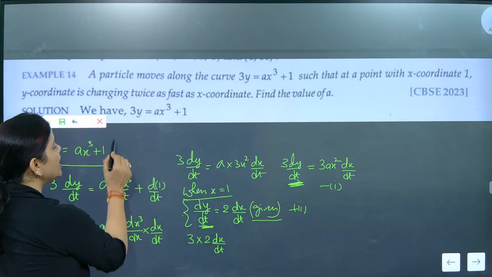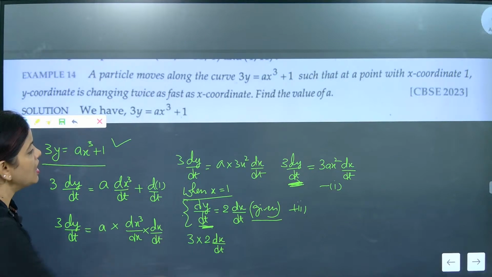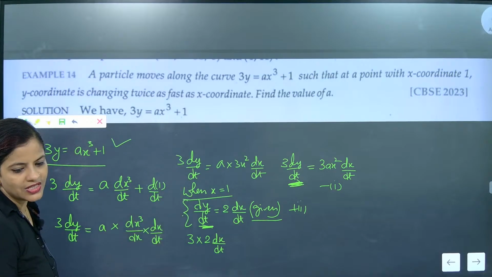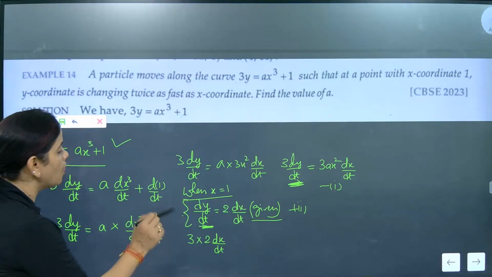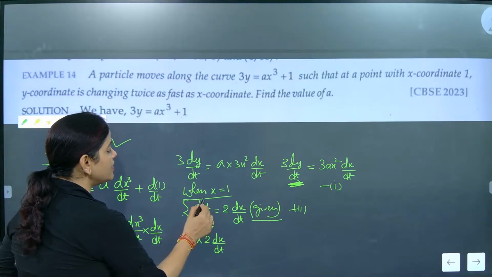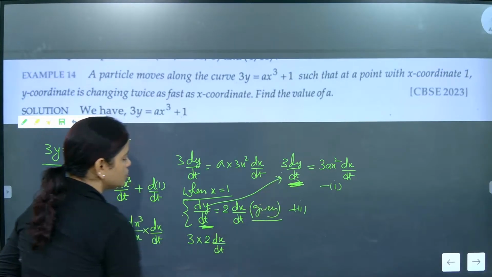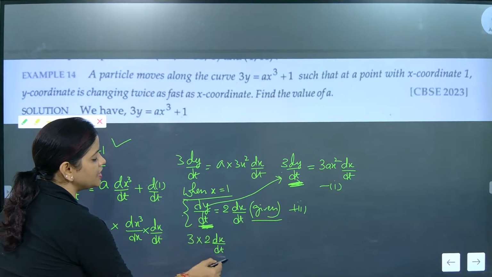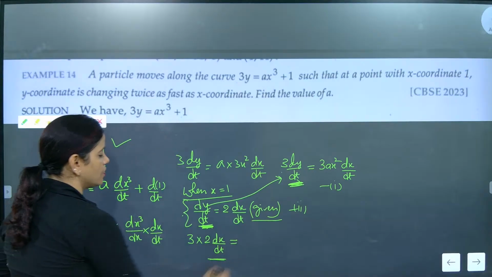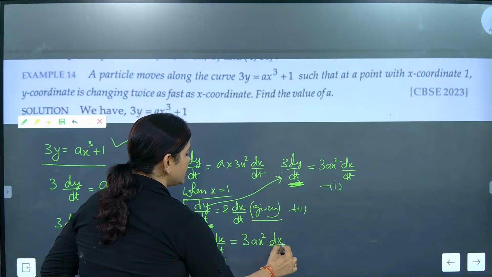So first I differentiated the curve with respect to time and wrote the equation, and then I substituted dy by dt. Now 3 into 2 dx by dt will be equal to 3ax square dx by dt.